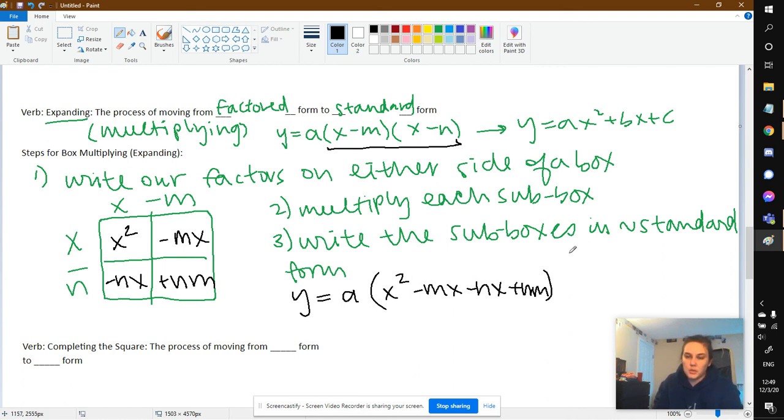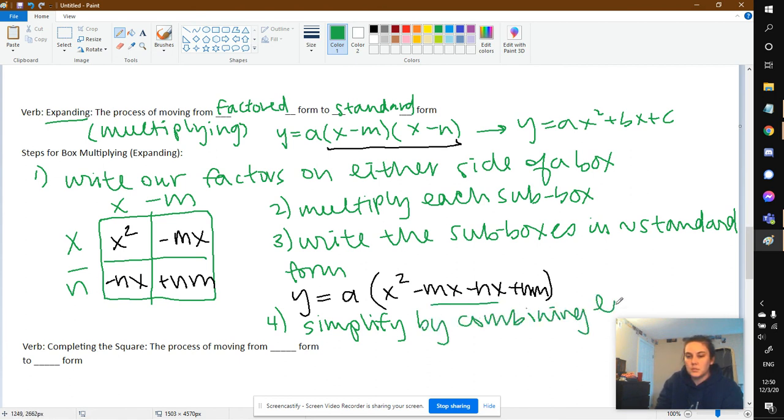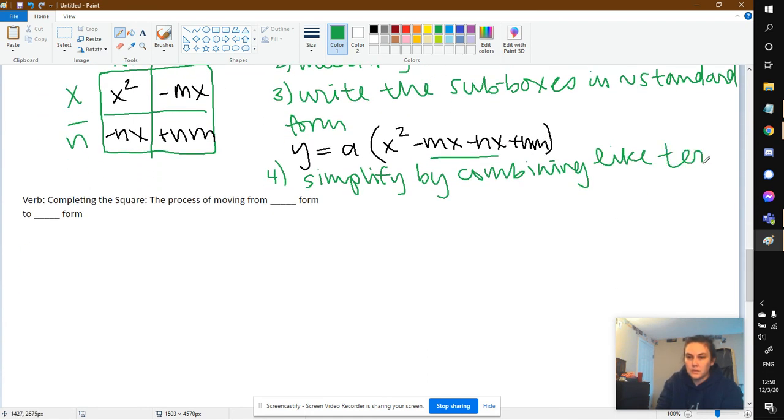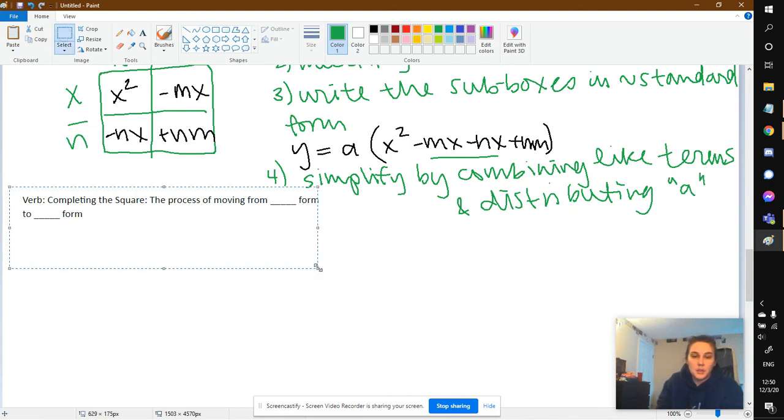I should have done this with real numbers, sorry y'all. And then number 4, last is simplify by combining like terms. These are the like terms. And distributing the a. And I will also give an example of this.